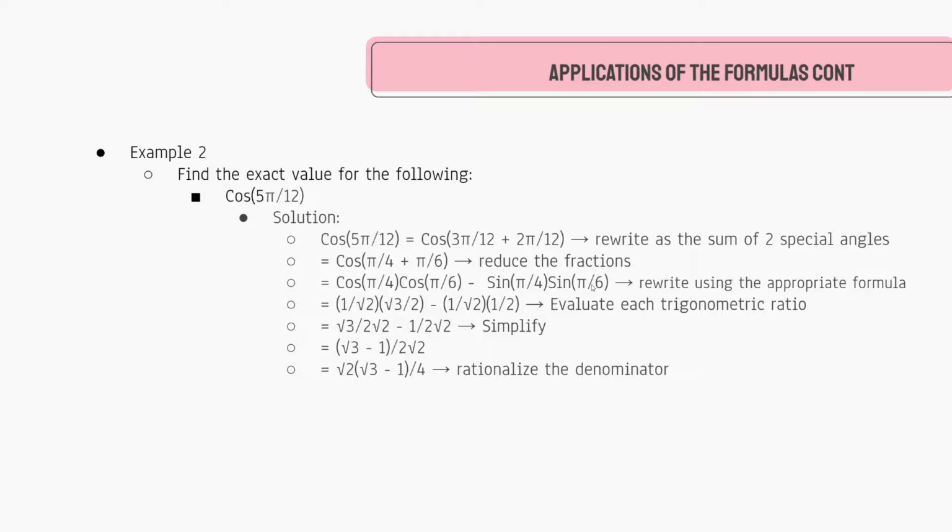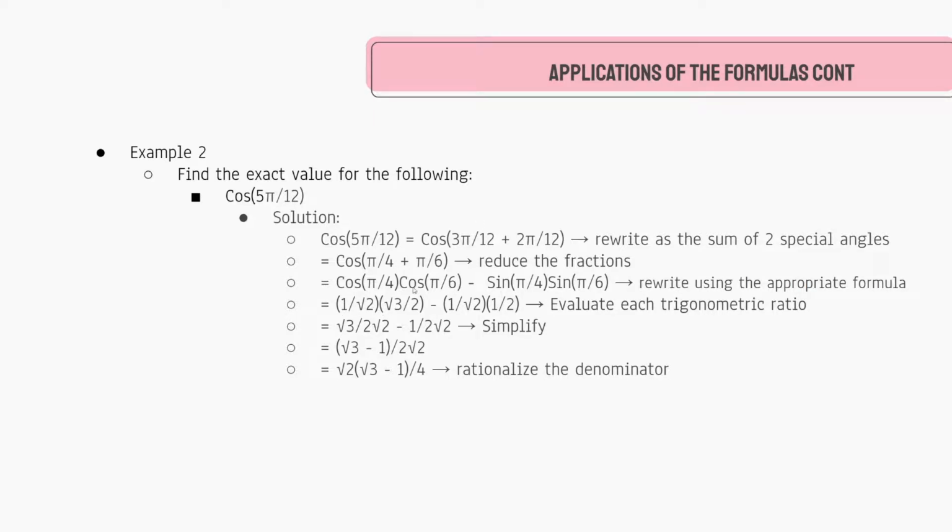So again, these are all special angles, so you could create your two right angle triangles where one has an angle of pi over 4 and the other one has an angle of pi over 6 and pi over 3. And from there you could find out that cos of pi over 4 is 1 over square root of 2. Or you could again just remember it.